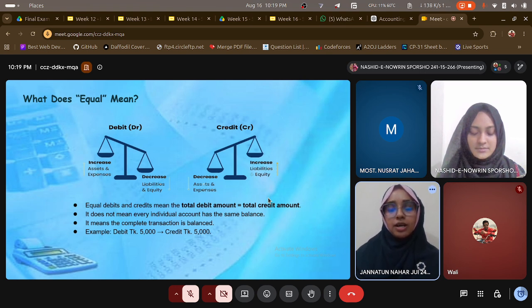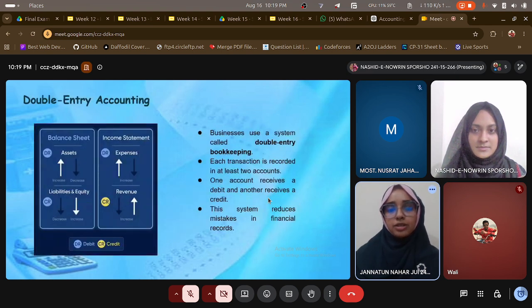Next slide. Now I am talking about double entry accounting. Double entry bookkeeping is a system used by businesses to record financial transactions. In this system, every transaction is recorded in at least two accounts. One account receives a debit and another account receives a credit.